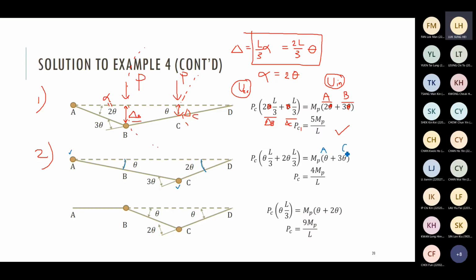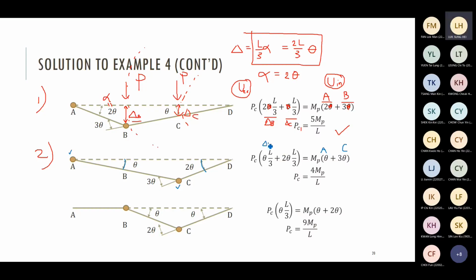And then you can calculate the plastic work first, the plastic work at point A and the plastic work at point C. You can see that the plastic work at point A is smaller as compared with the previous case. The rotation is only equal to theta. And then you calculate the two delta B and delta C again. Same technique.